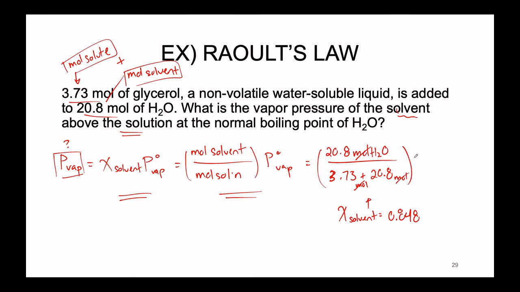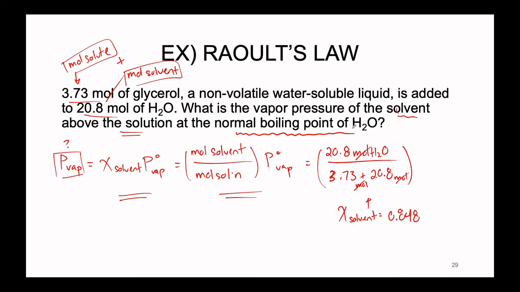last but not least, we need to know what our vapor pressure is for our neutral water. Well, if we turn our attention to the problem, a pressure is not explicitly given to us, but it is implicitly given to us thanks to the wording of the, quote, normal boiling point of water, end quote.